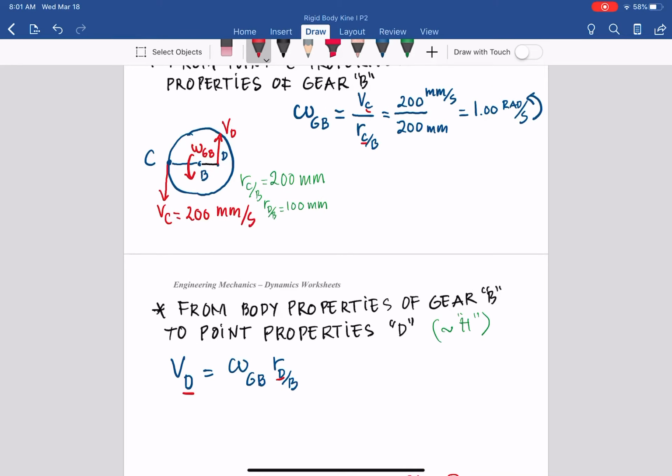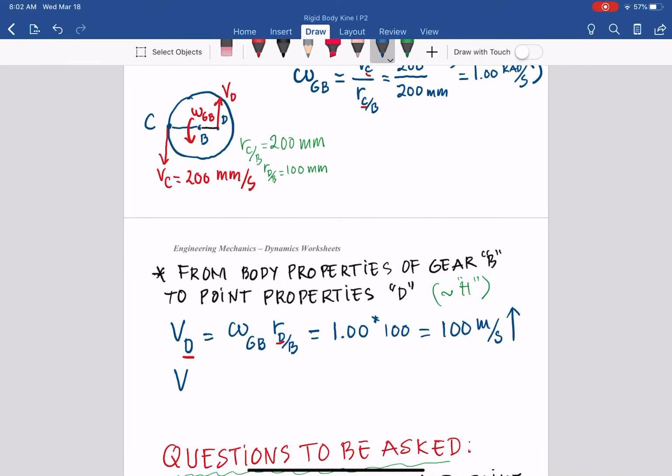So from that, it equals omega GB 1 times RDB 100. And with that, we have 100 millimeter per second going up.